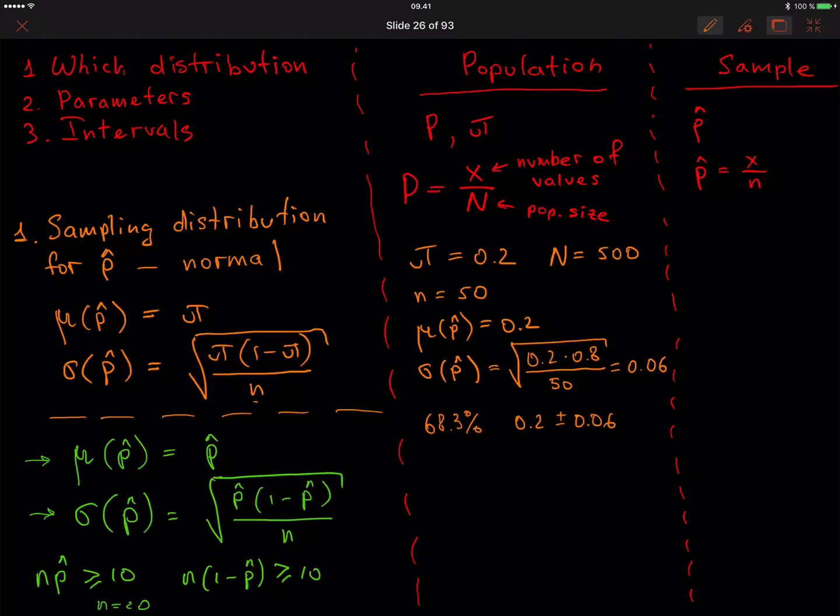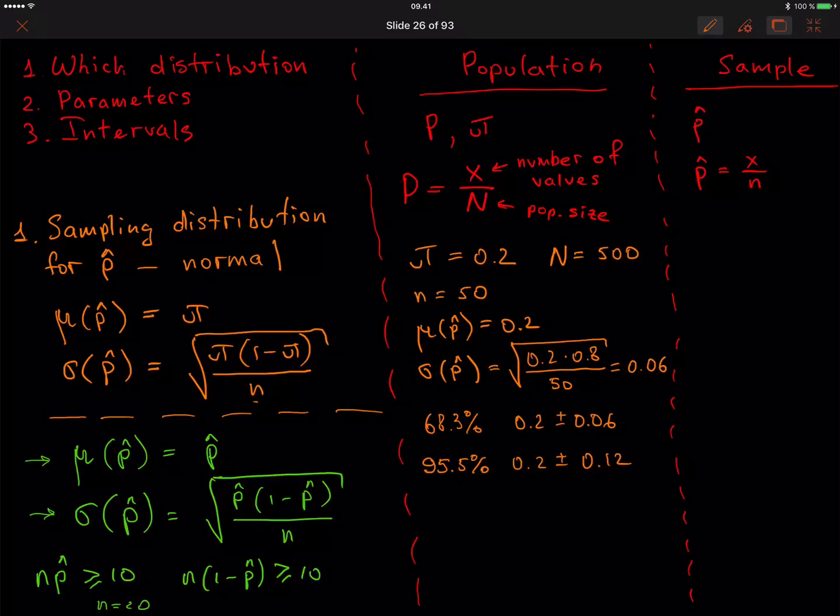So in 68% of cases, the proportion of my sample, which is a random value, will be somewhere here. I can never predict exactly what it will be equal to. With 95.5% of cases, we know that for normal distribution we should take two standard deviations. So it will be 0.2 plus minus 0.12.